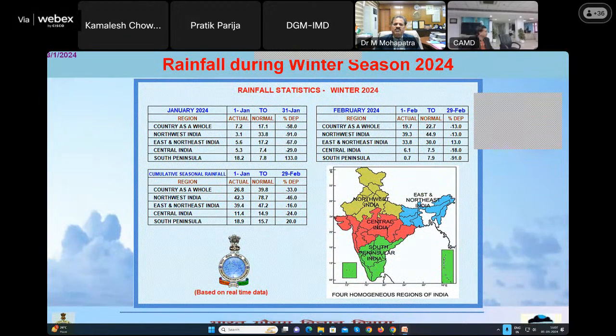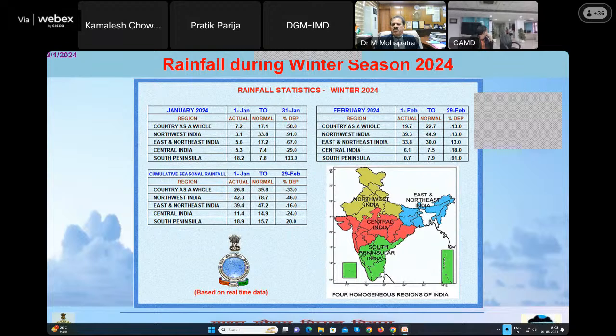If we look at the rainfall statistics for the winter season, that is January and February, we find that rainfall for the country as a whole has been 33% deficient. South Peninsula got 20% excess, whereas Central India, East and Northeast India got deficient rainfall.